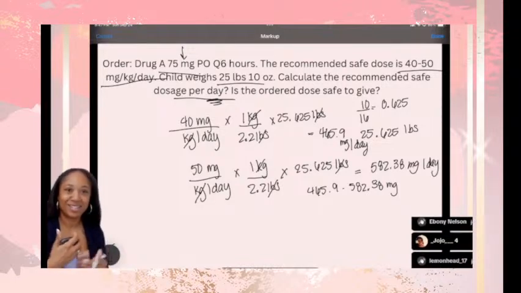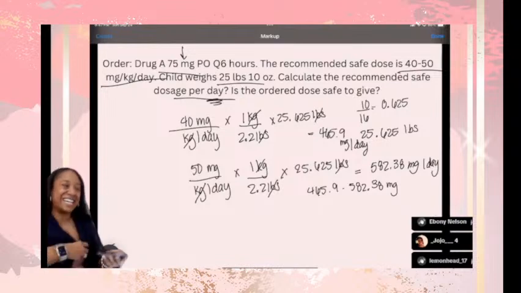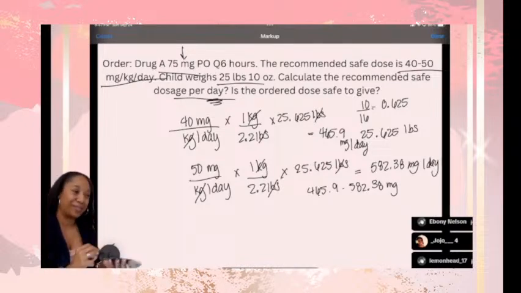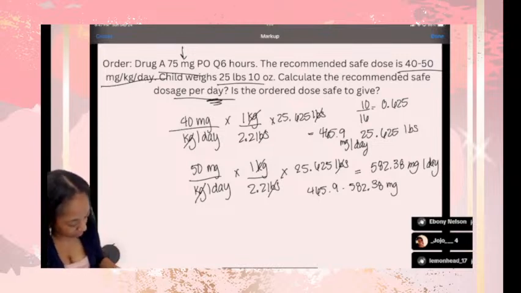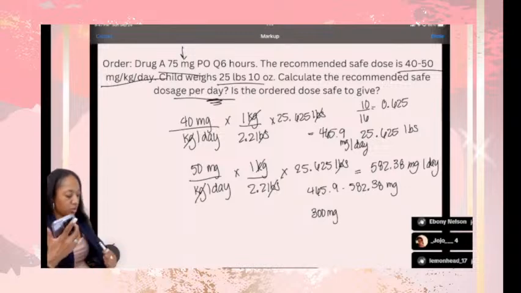So you multiply your 75 milligrams by 4 in order to see how many milligrams they can get in a day. So 75 times 4 is going to be 300 milligrams, okay?